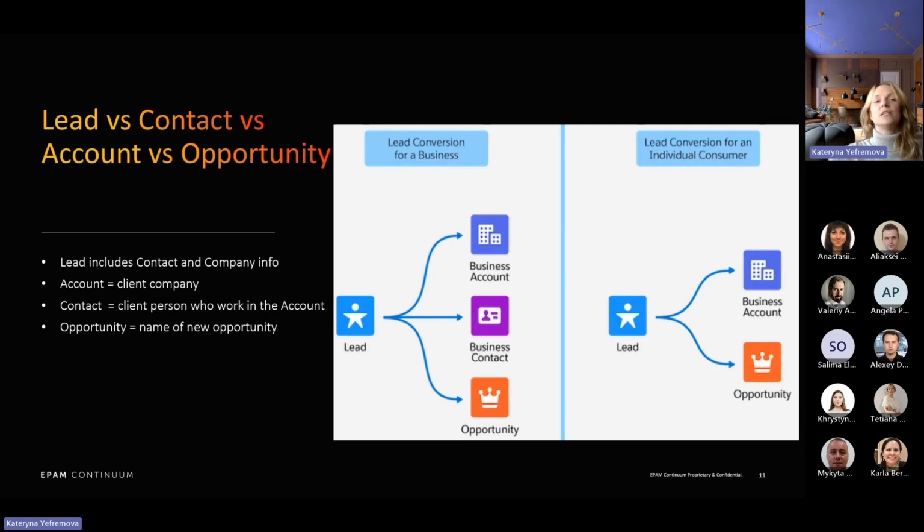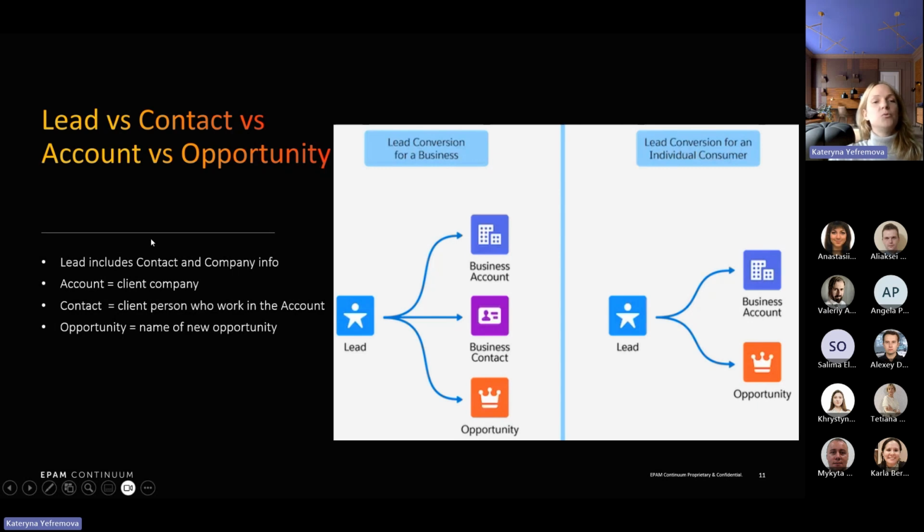We call it converting a lead to a contact, account, and opportunity. We usually do this when we get some kind of consent from the lead, or more information showing that he is real and wants to work with us. When we convert leads, it's important to understand that a lead can have contact information, company information, or both together.